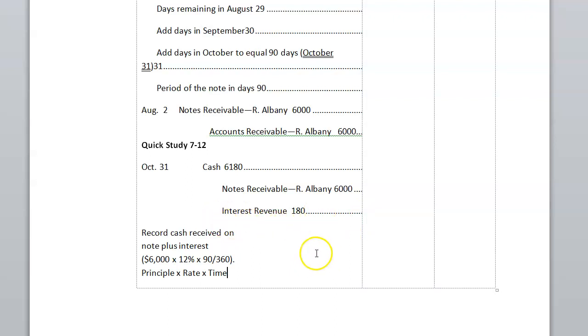The interest revenue is calculated principal, which is $6,000, times the rate of 12%. Now don't forget to include the time. If you do that, that would be for a full year. Times time. The easiest way to do this is the number of days divided by 360. So times 90 divided by 360 gives us $180.